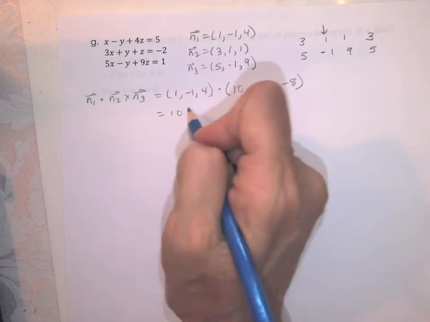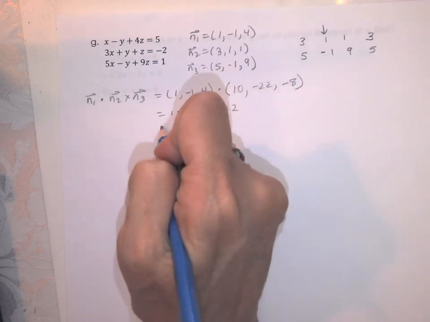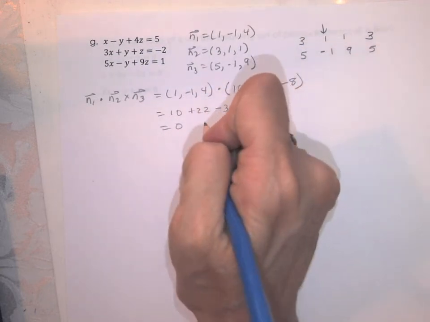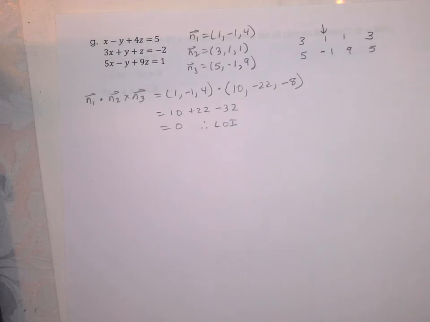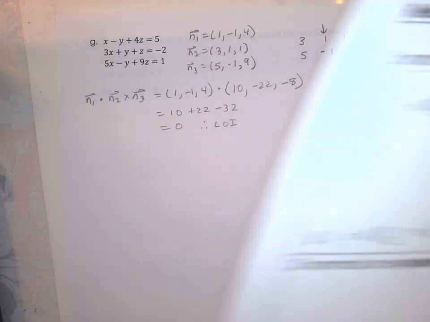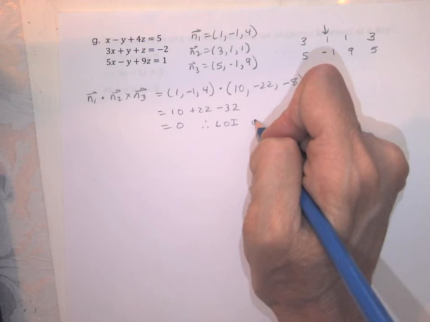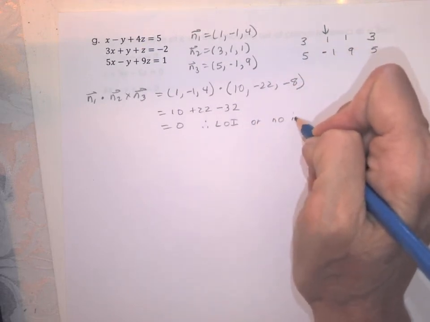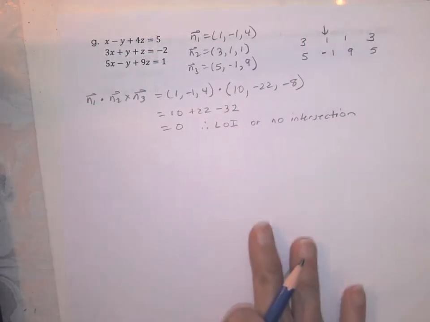So then we get 10 plus 22 minus 32, which is 0. So therefore we either have the line of intersection, like the star, or we have the triangle. So the triangle is no intersection. And again, the matrix will determine which one we have.